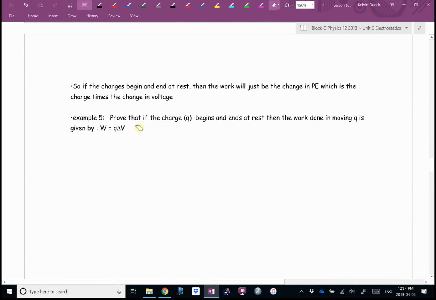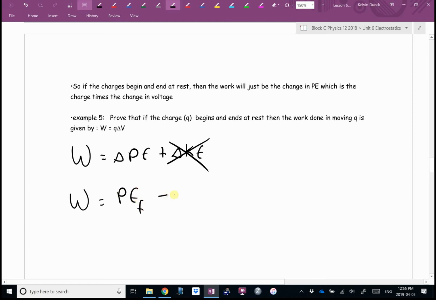Example 5 says, prove that if a charge begins and ends at rest, then the work done in moving Q is given by that. Okay. Work equals change in potential plus change in kinetic. And if we start and end at rest, that's going to be 0. What's change in anything? So this is going to be PE final minus PE initial.